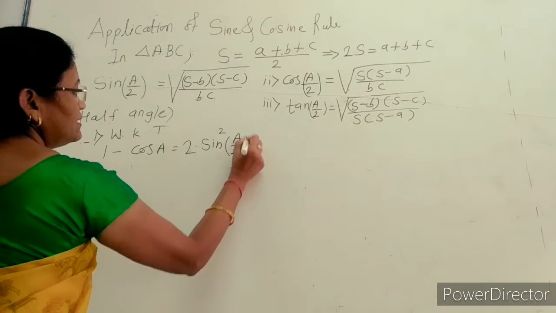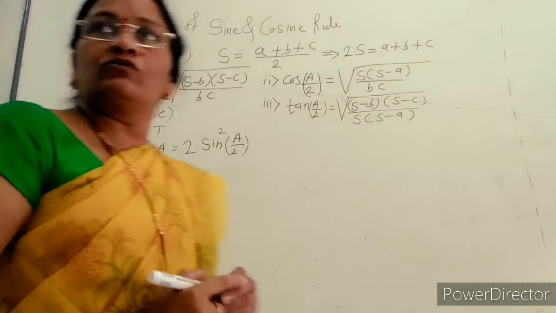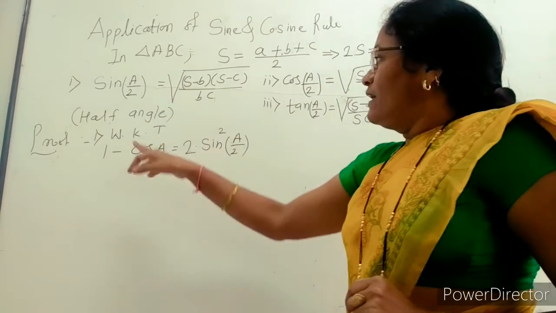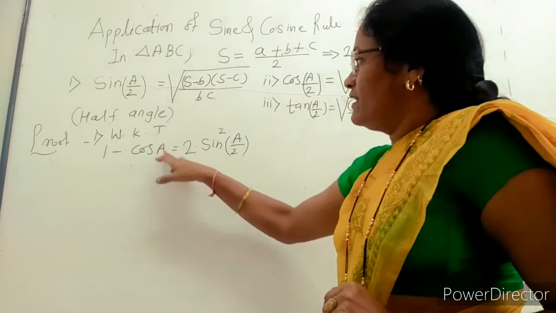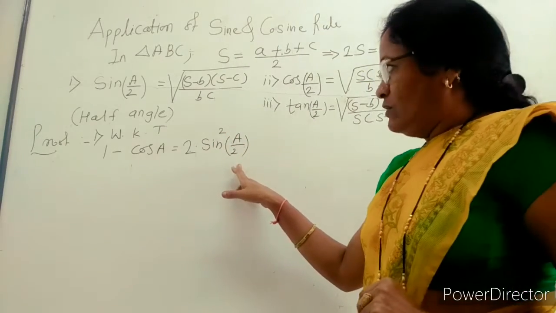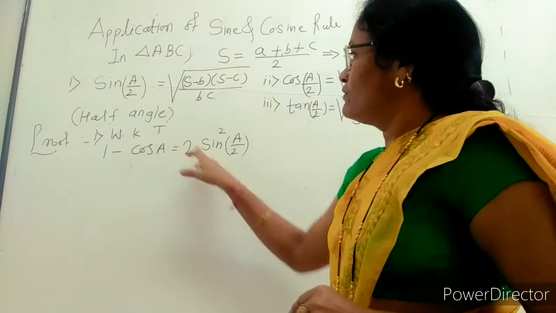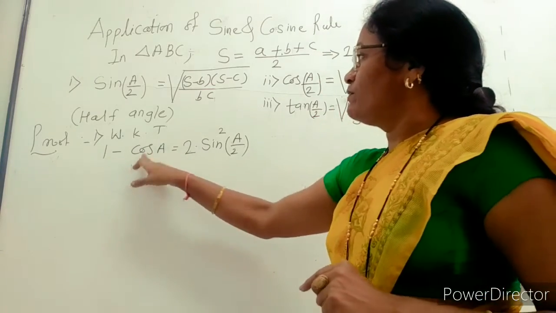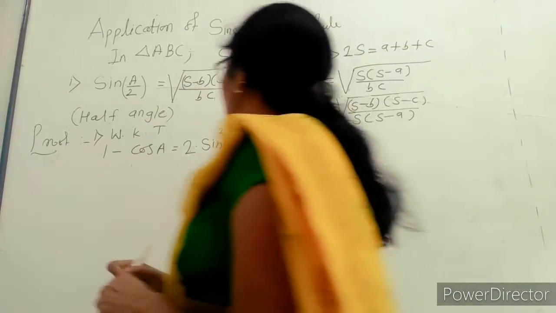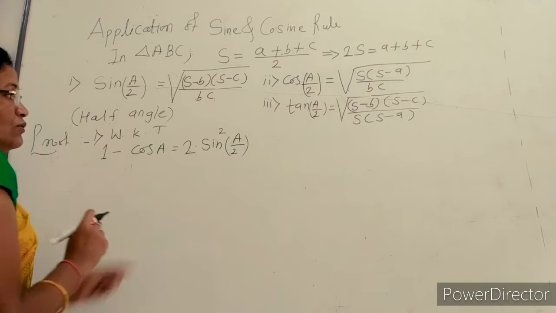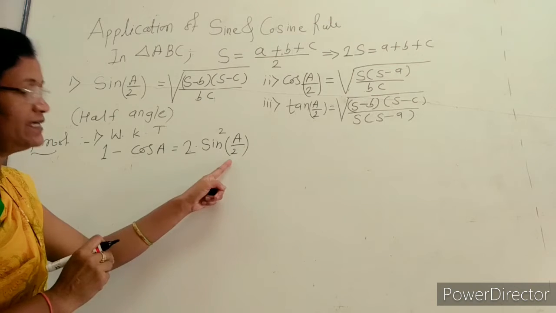You know this identity? 1 minus cos A is equal to 2 times sine square A by 2. Because we have to find a result of sine, and for the double angle of cos, as A is the double angle of A by 2, we take cos A is equal to 1 minus 2 sine square A by 2, and therefore 1 minus cos A is equal to 2 times sine square A by 2. So we have to find the result of this sine A by 2.